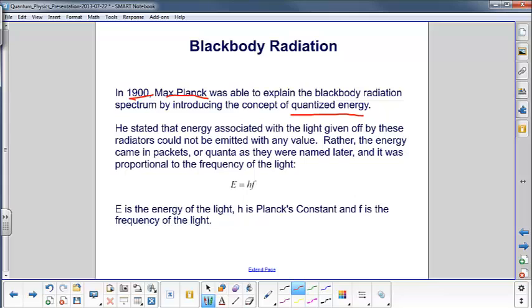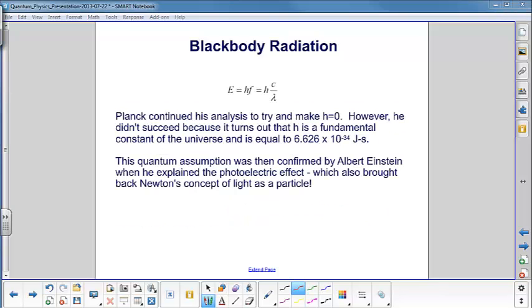That's what quanta is. It's just another name for packet. And it was proportional to the frequency of the light. For example, the energy had to be this constant h times the frequency. E is the energy of the light, h is Planck's constant, and f is the frequency of the light.